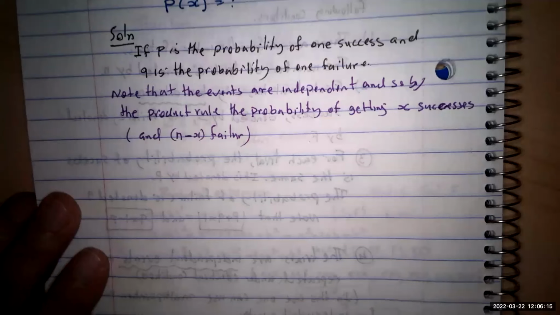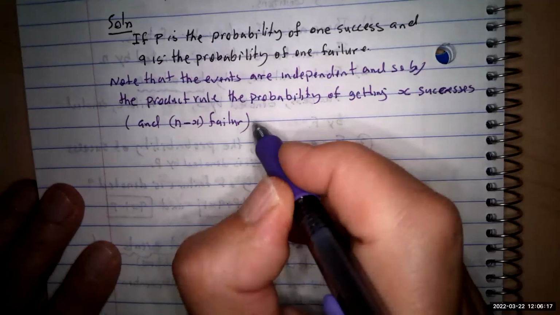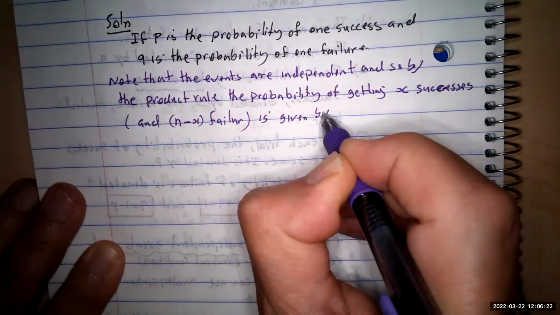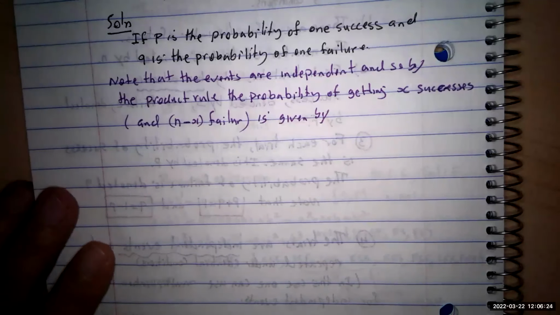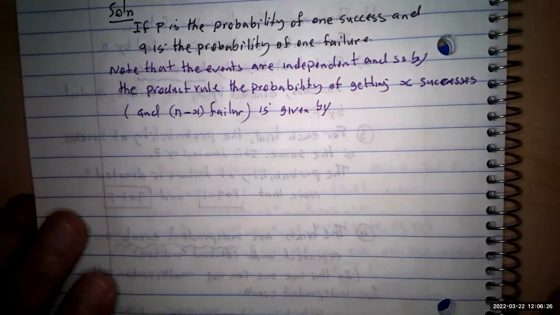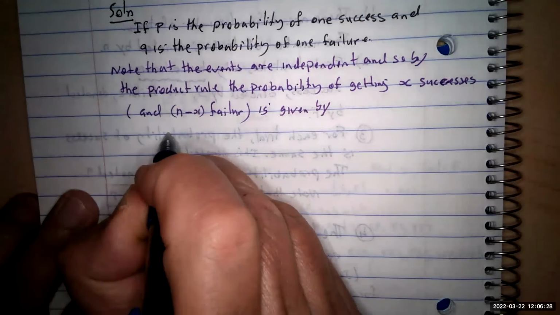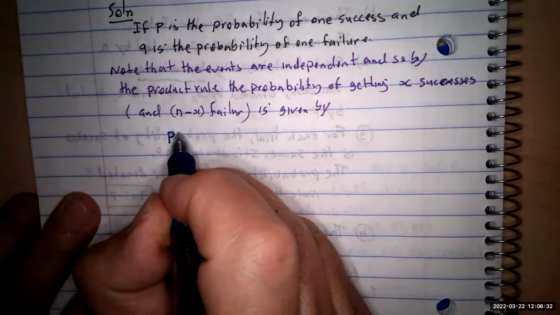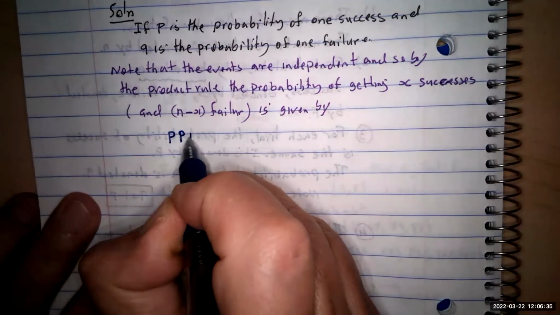You may succeed or you may not. It is given by, remember it's a product rule, so we can multiply the probabilities together. Probability of getting one success is P. Probability of getting two is PP, because you multiply them together.